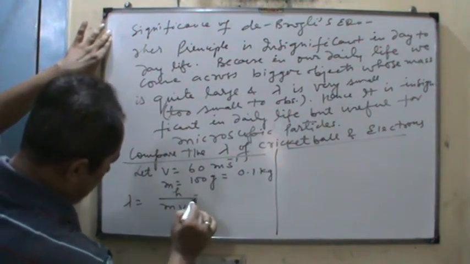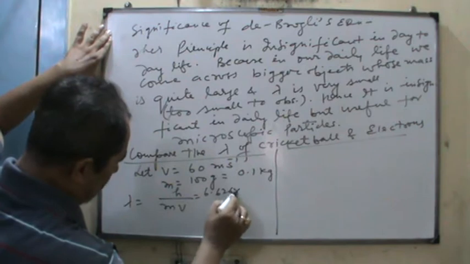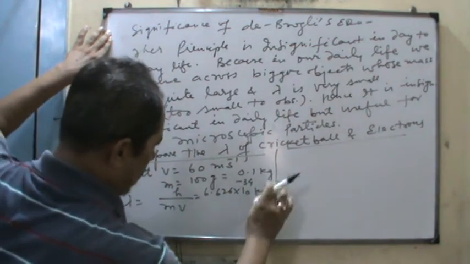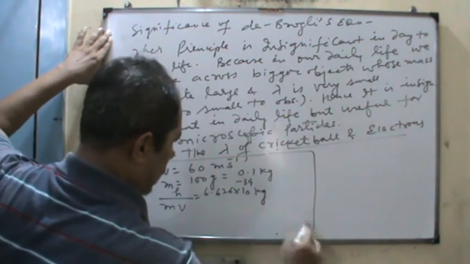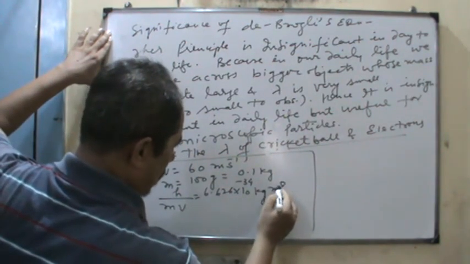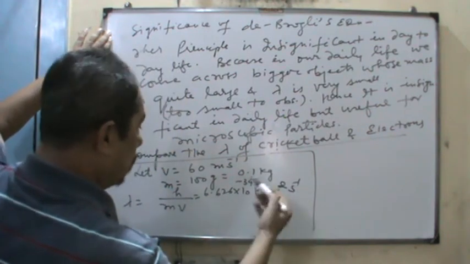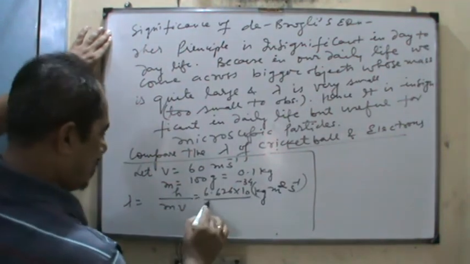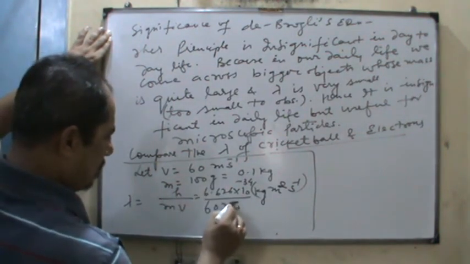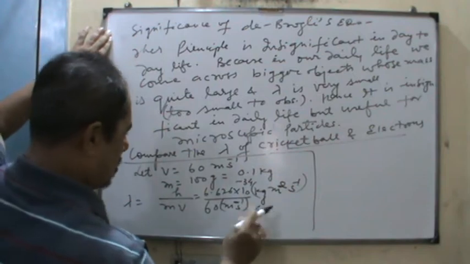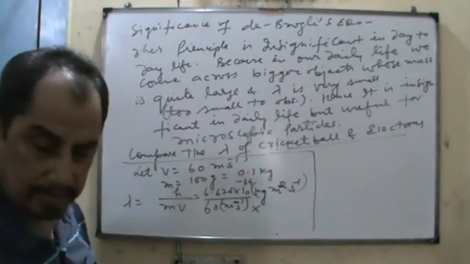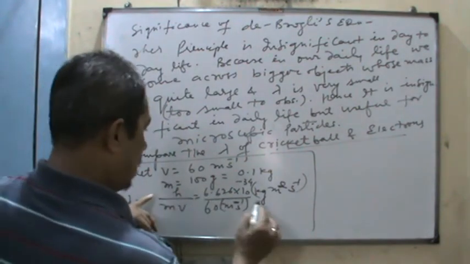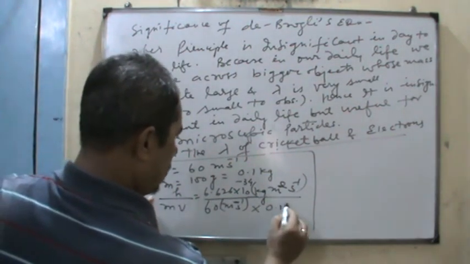H is the Planck's constant, 6.626 into 10 power minus 34 kg m2 s minus 1, or joule second, divided by the velocity 60 meter per second and the mass 0.1 kg.